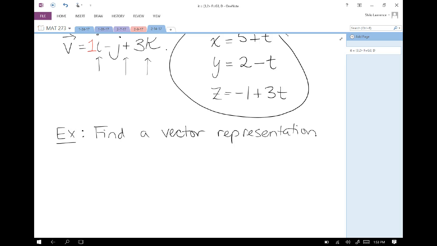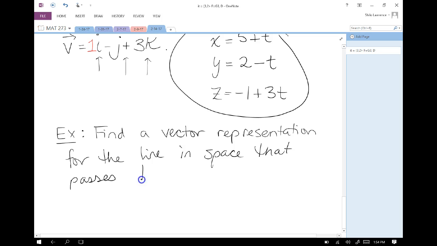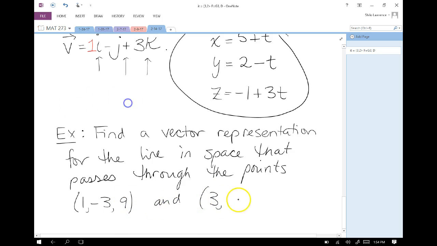So we did write that down a couple minutes ago. Find it for the line in space that passes through the points (1, -3, 9) and (3, 0, 5).